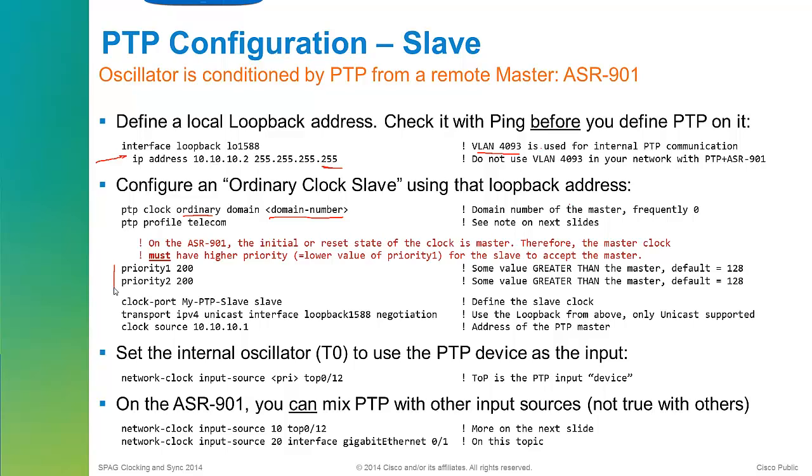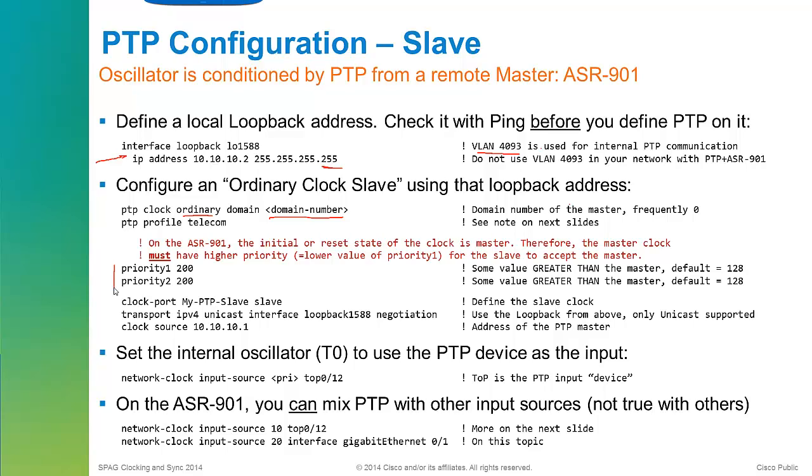The default on the 901 will be 128. So if you don't change this priority 1 field on the Grandmaster and make it lower than 128, or you don't change it here on the slave to make it higher than 128, it will never go into slave and start transferring packets. It's particularly bad on the 901 to do this.